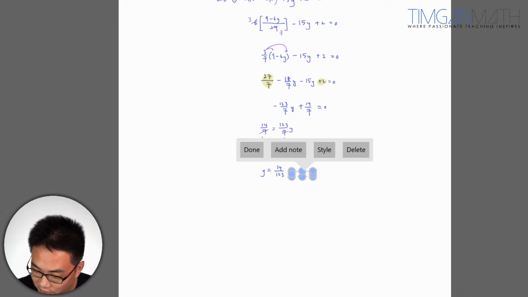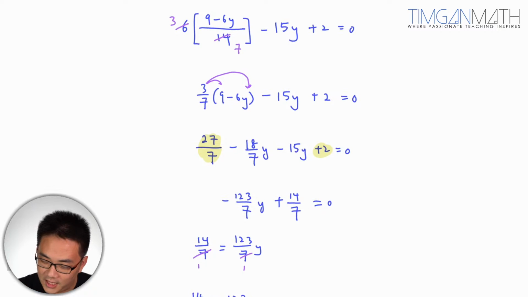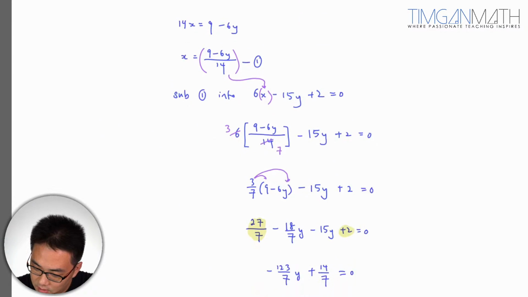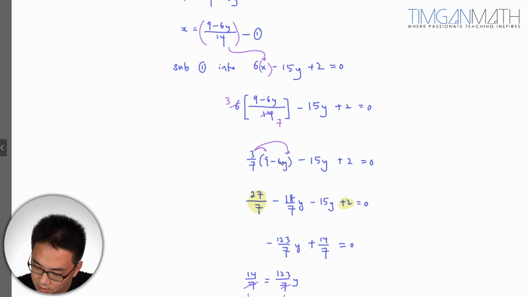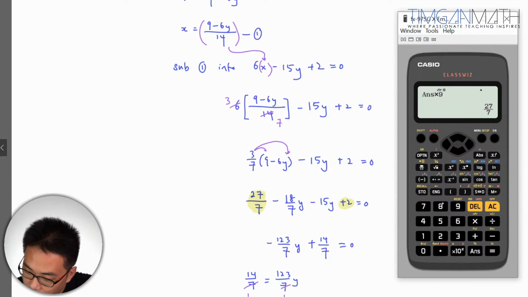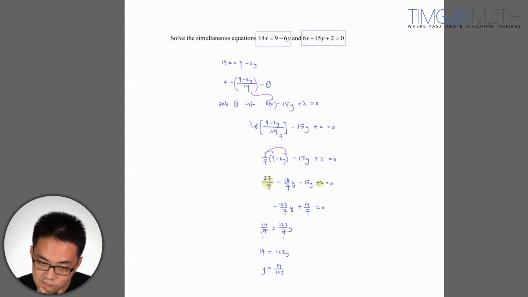That's a good question. Did I do it wrongly? So 3 over 7 times minus 6 is 18. So I get negative 18 over 7 minus 15, negative 123 over 7. Did I do it wrongly? Let me check.